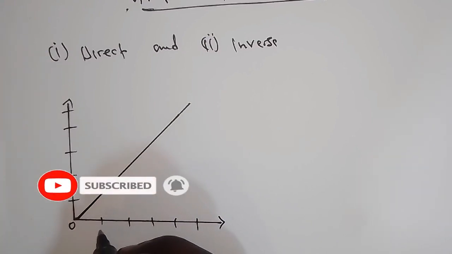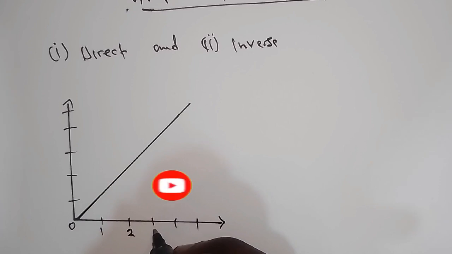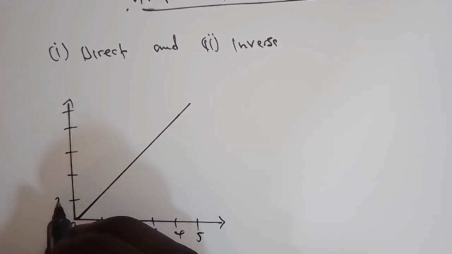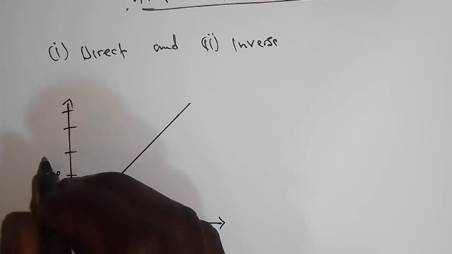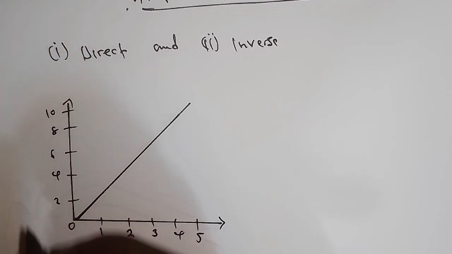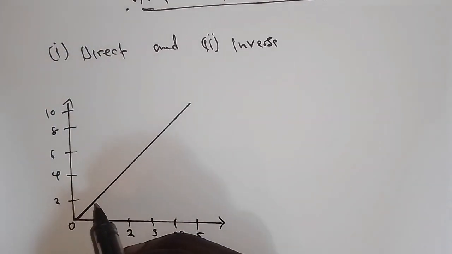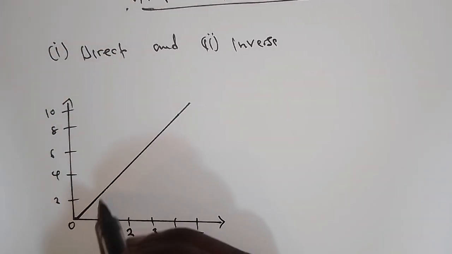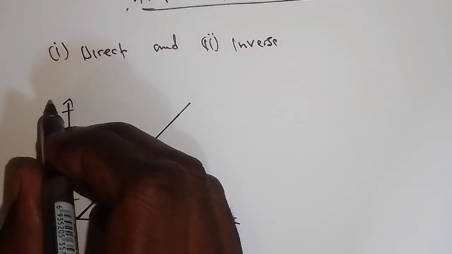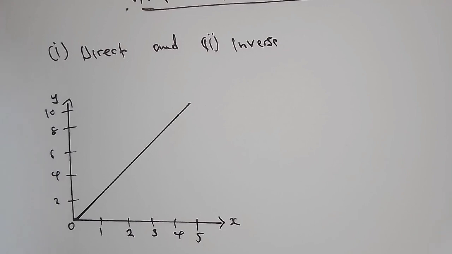Let's say this is 1, 2, 3, 4, 5. So this is 2, 4, 6, 8, and 10, for example. So we know that this is x and that's y.